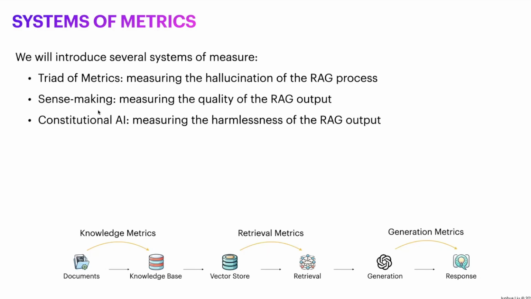It measures whether the generated response makes sense or not. And finally, the last one is constitutional AI. This is proposed by Anthropic, the company that builds and trains Claude, which is one of the highest-performing LLMs to date. It generally measures the harmlessness of the RAG output. Okay, we will go into greater detail for each system.